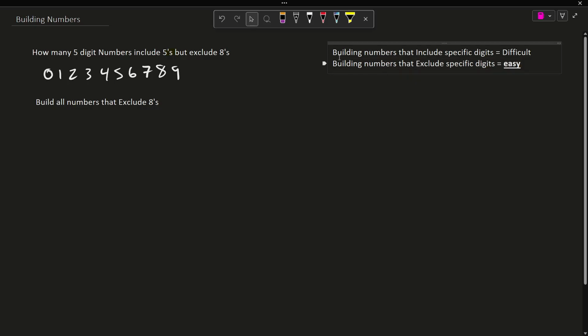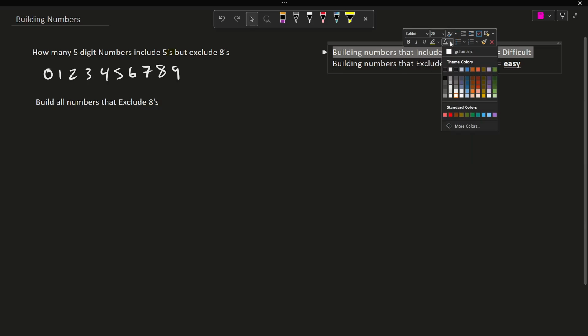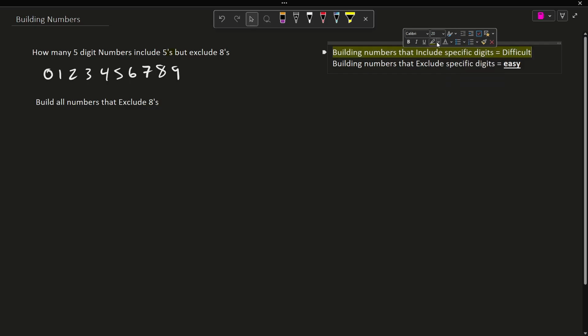So, keeping that in mind, what I want to do is always the easy thing and not the difficult thing. Let's change the color of this, there, we'll highlight that in yellow. We don't want to do the difficult thing. We want to do the easy thing.